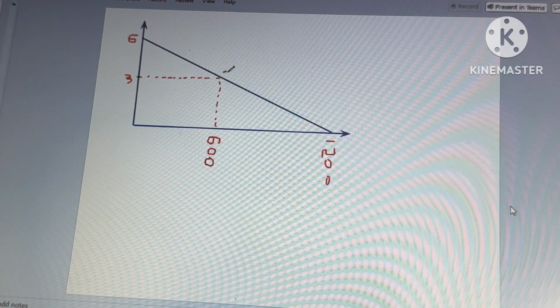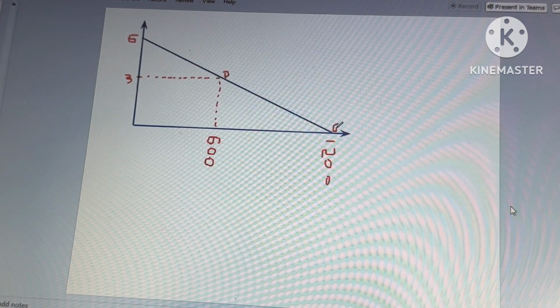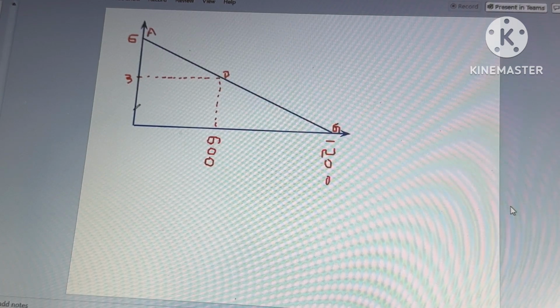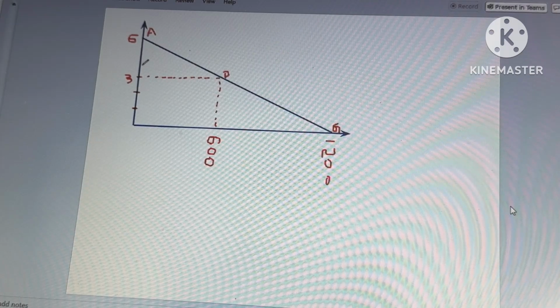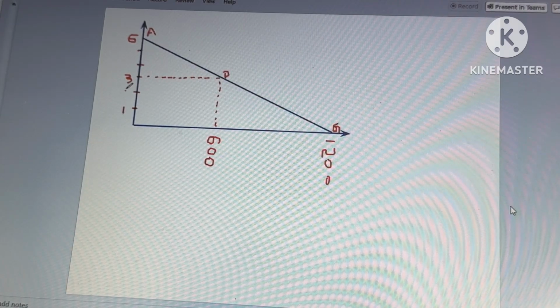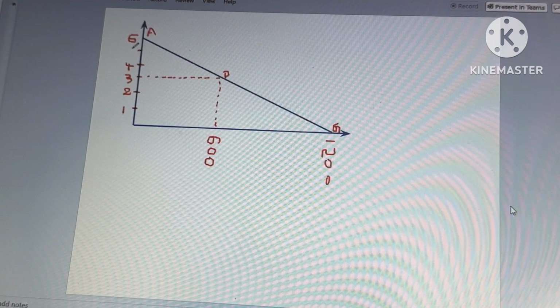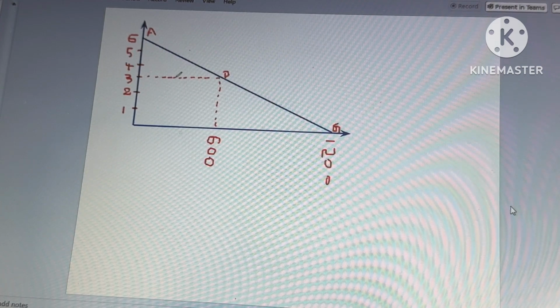This is point D. This is G, the same graph. This is A. 1, 2, 3, 4, 5, 6. 1, 2, 3, 4, 5, 6.